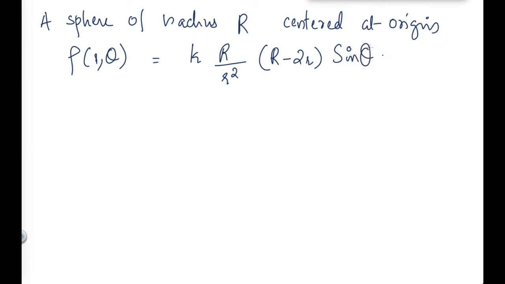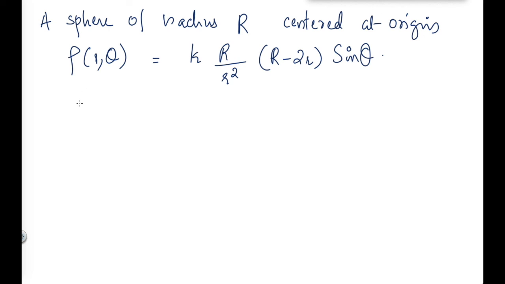So this is the way the charge is distributed. You can say that sin theta is something like a theta distribution. And k is a constant, and r and theta are the spherical polar coordinates.